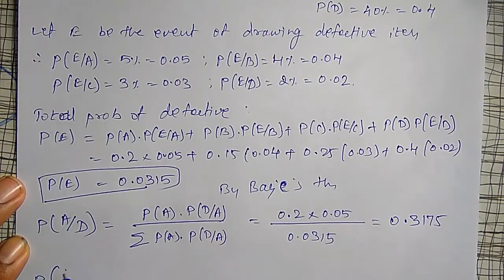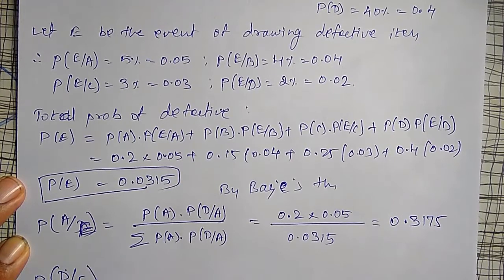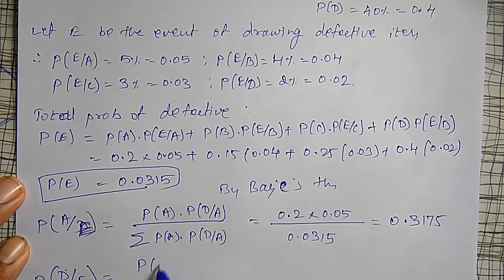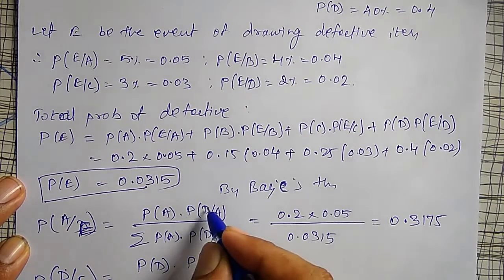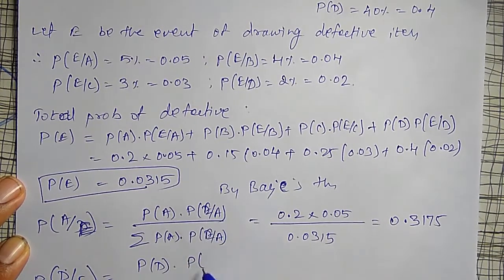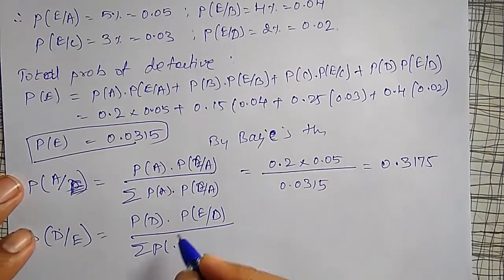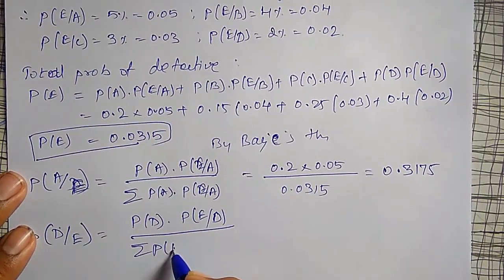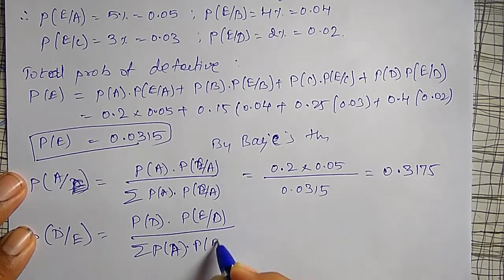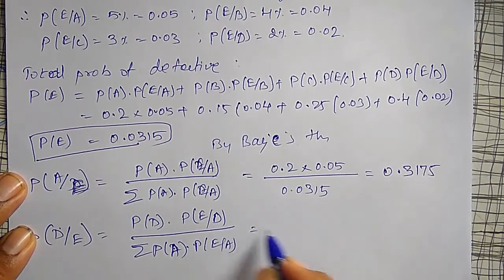Probability of, sorry, this is E: defective from machine D is equal to probability of D into probability of E relative to D, divided by the summation, the sum of all this total probability.